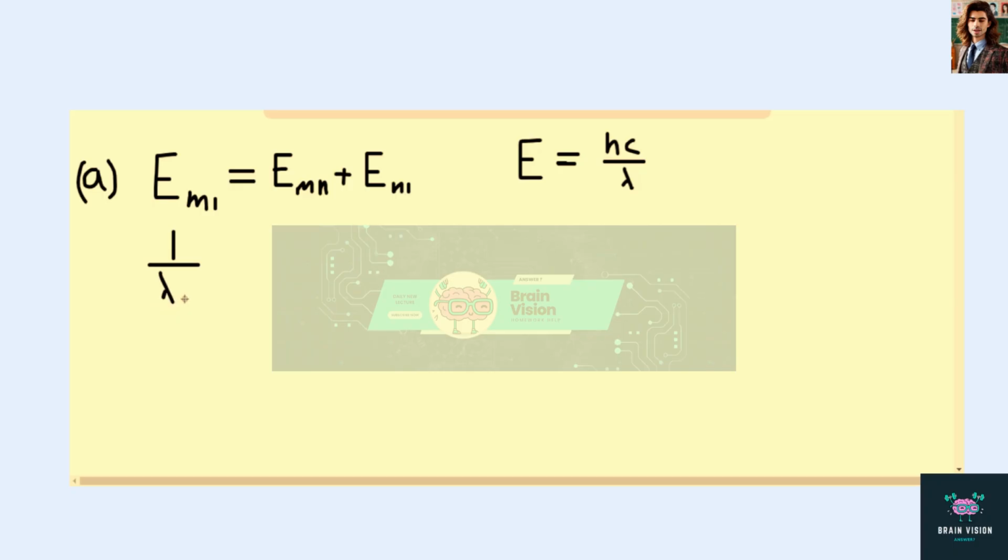So what we have here is 1 over lambda m1 is equal to 1 over lambda mn plus 1 over lambda n1. So we can just rearrange this to solve for lambda mn.